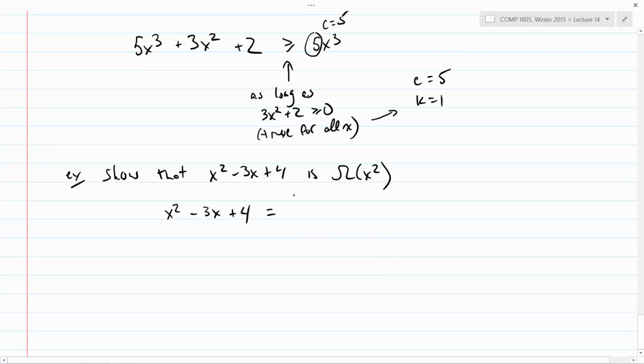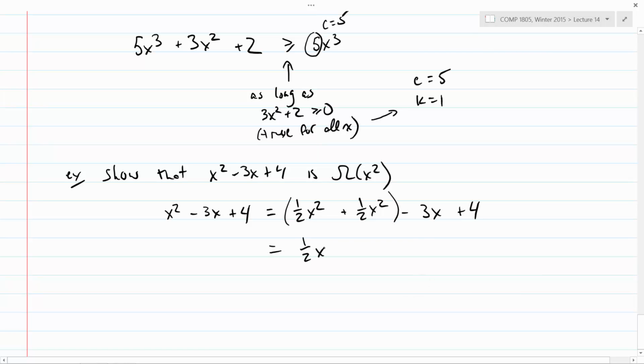So x squared is exactly the same thing as 1/2 x squared plus 1/2 x squared. Everyone agrees with that? And we have this minus 3x plus 4. All right. Addition and subtraction are associative, which means I can bracket them however I want. So initially, they're bracketed like this.